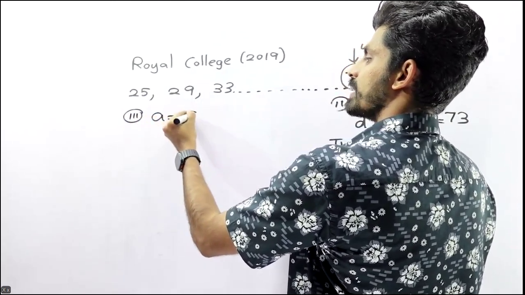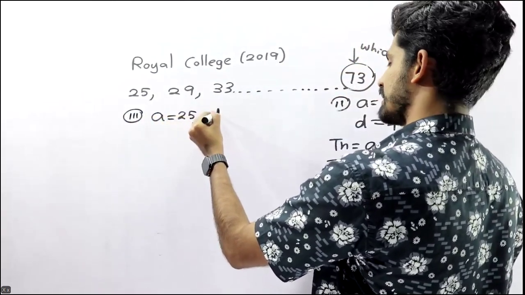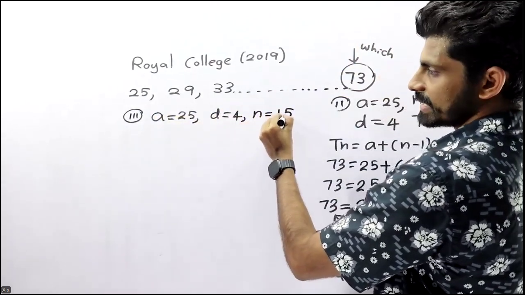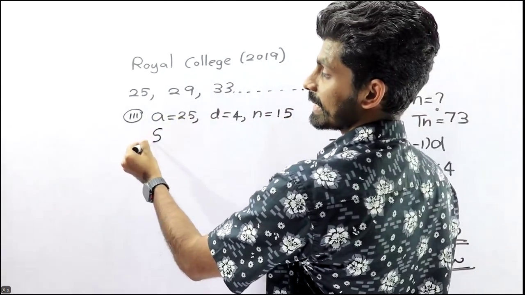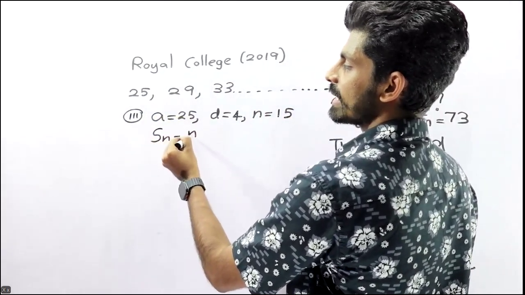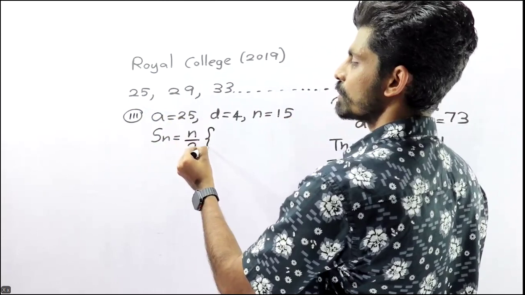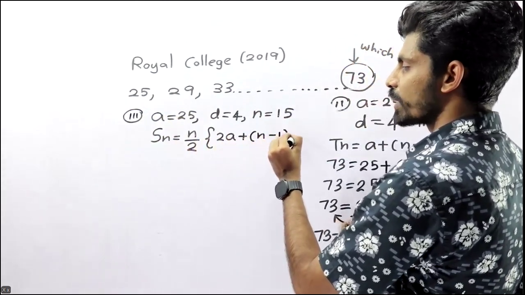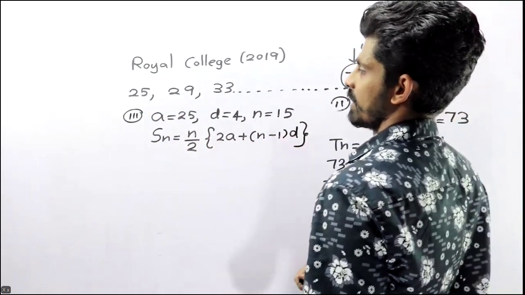A equals 25, d equals 4, n equals 15. They're asking Sn. Sn equals n divided by 2, into 2a plus n minus 1 into d.